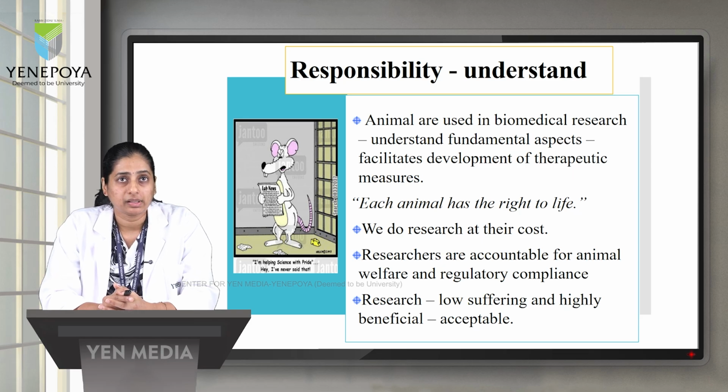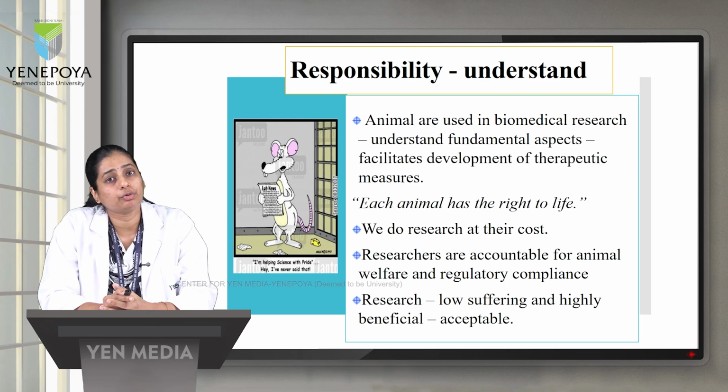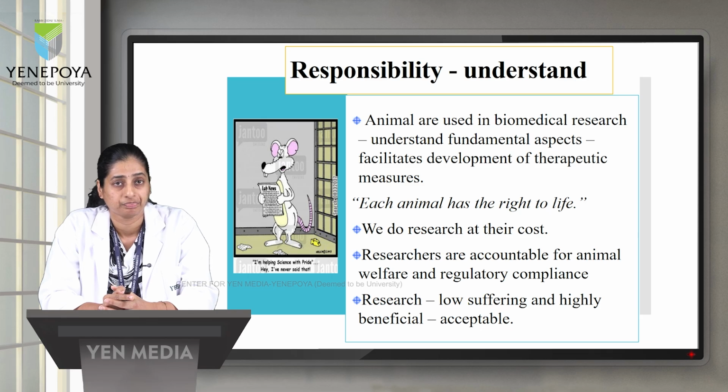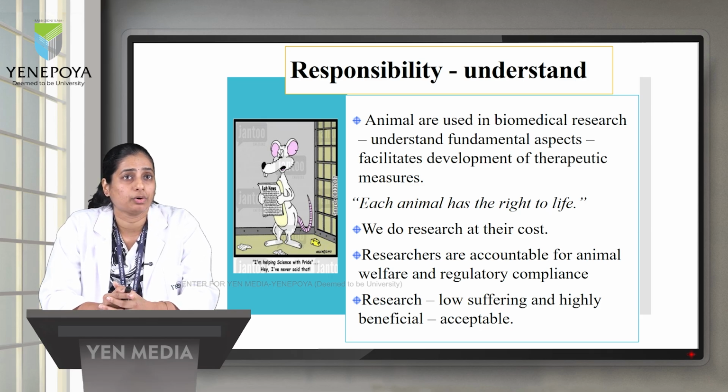Research is acceptable when the suffering is low to the animals and highly beneficial to the society and the animal itself. So as we started with reviewing our research protocols, we have considered first whether the researcher has looked into reducing the number of animals. Second, whether refinement is done in the protocol to minimize the pain and distress of the animal.